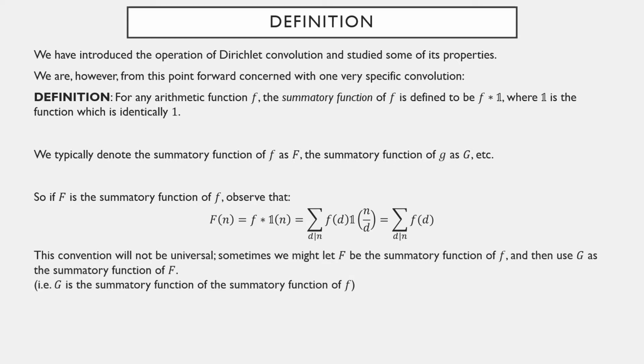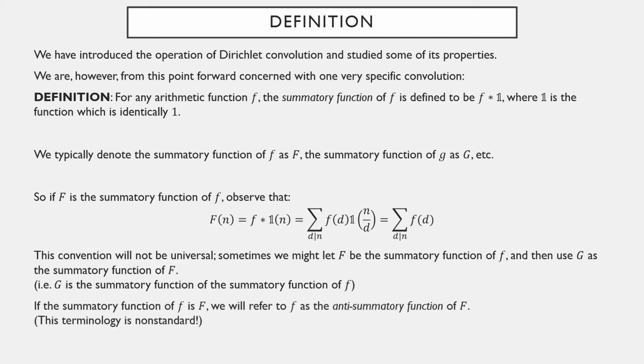And this convention is not necessarily universal regarding lower and uppercase letters. We might end up letting capital F be the summatory function of f, and then if I want to take the summatory function of that, we don't have double capitals, so we might just use capital G. If the summatory function of little f is big F, we might sometimes call little f the anti-summatory function of capital F. And I should point out this is not standard terminology.